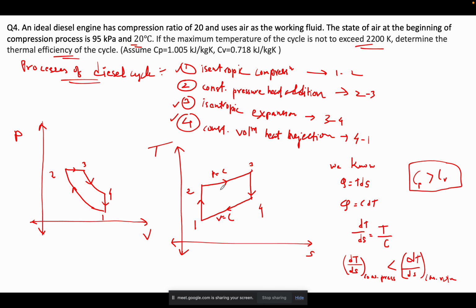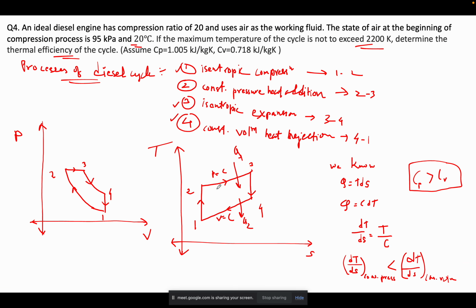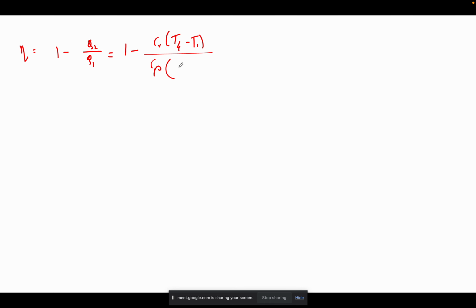Now the cycle efficiency is 1 minus Q2 by Q1 again. Interesting thing is that this is Q1 and this is Q2. Q2 is a constant volume process, so that will be Cv times T4 minus T1, and Q1 will be Cp times T3 minus T2.